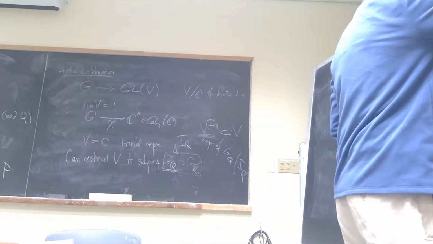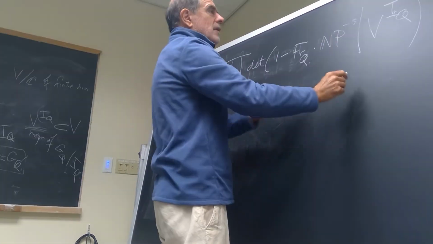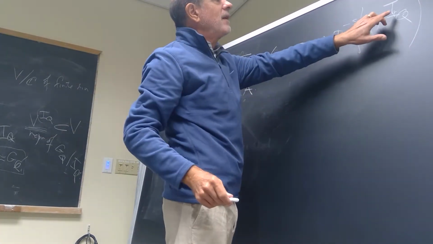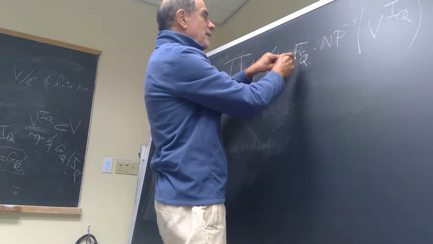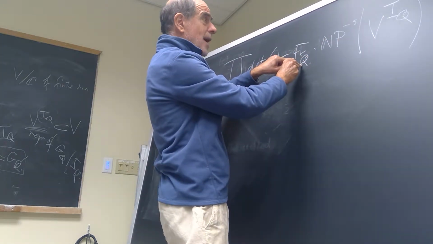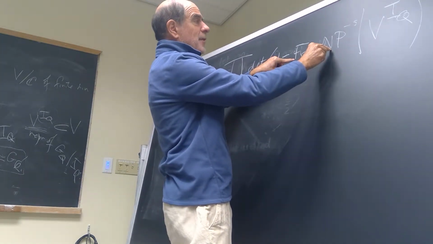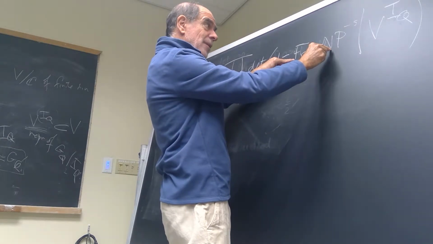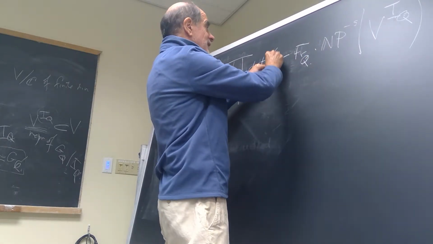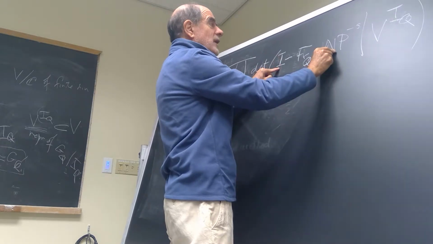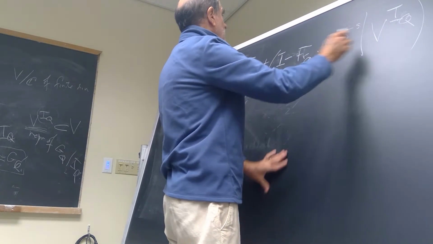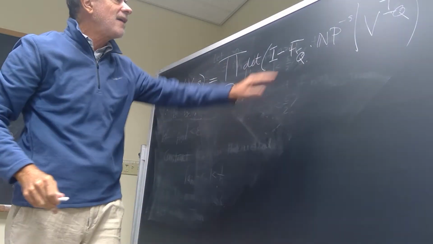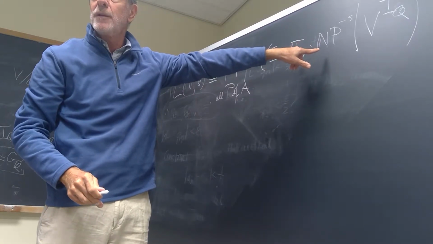You restrict V to G_Q, you take the invariants under this normal subgroup, and then Frobenius acts on it. That's a linear operator. You multiply the linear operator by this scalar, you get another linear operator. This is the identity linear operator. You take the difference of those two linear operators on this vector space, and you take its determinant. That gives you the characteristic polynomial of this.